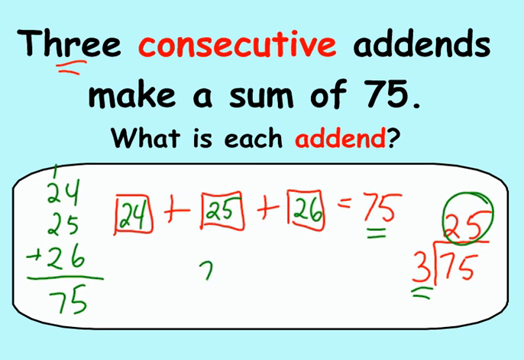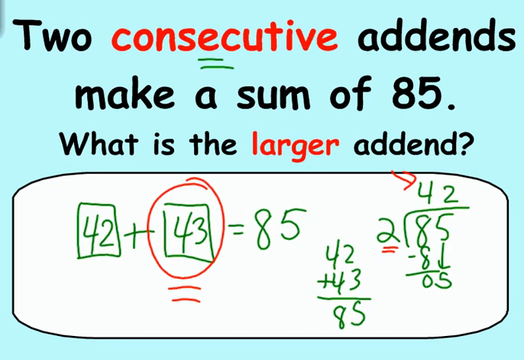The numbers are 24, 25, and 26. So remember, if it's 3 consecutive numbers, divide by 3. That'll give you the middle number, or a good number to start with, 25. If it asks for 2 consecutive numbers, you would divide by 2. And of course, if it was 4 consecutive numbers, you would divide by 4. So that's some basic math terminology.